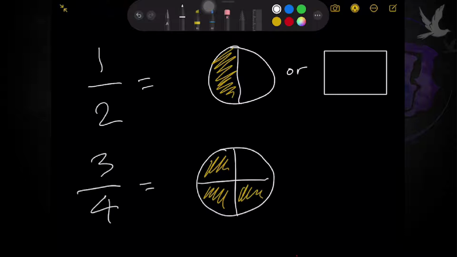The parts should be equal. When you are talking about these parts, they really should be equal. You cannot divide them unequally, like having 1, 2 parts that differ. They should be equally divided, so the cut should be right in the middle. This can also be done with a square.